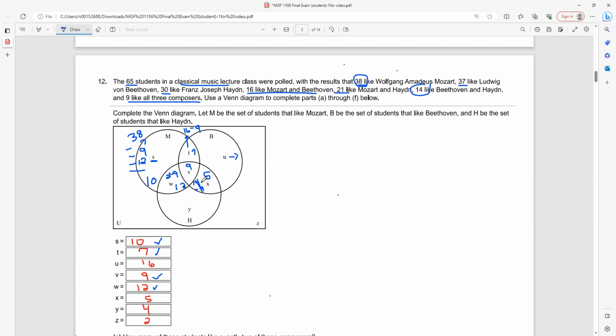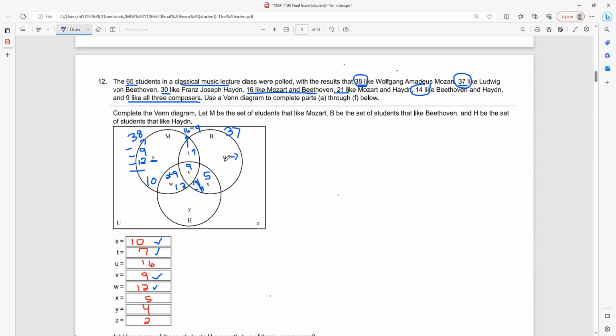Okay. Now to determine the U, this circle with letter B is all of the students that liked Beethoven. All right, and we were told that 37 students liked Beethoven in all. So we'll take that 37, because all of these letters that are in the circle B should add up to 37.